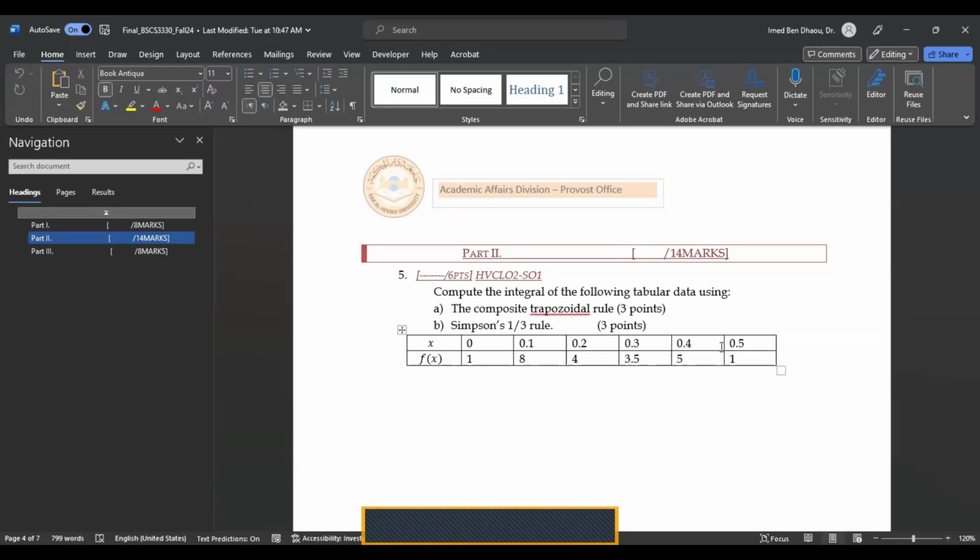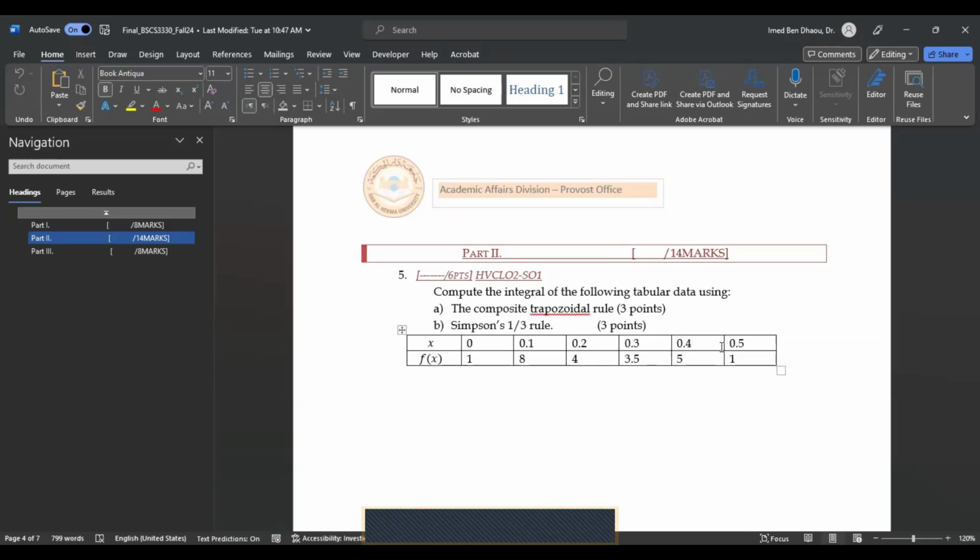Okay, let's focus on solving part A using the composite trapezoidal rule. The trapezoidal rule uses the formula h/2 [f(x0) plus 2f(x1) plus 2f(x2) plus ... plus 2f(xn-1) plus f(xn)], where h is the step size.